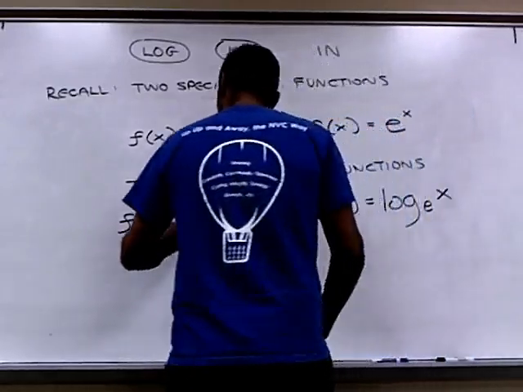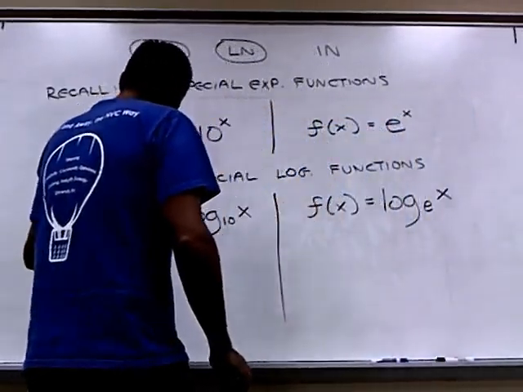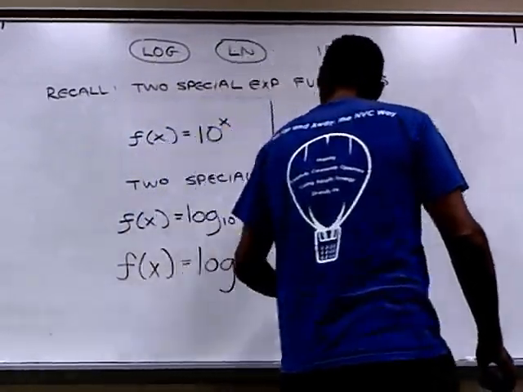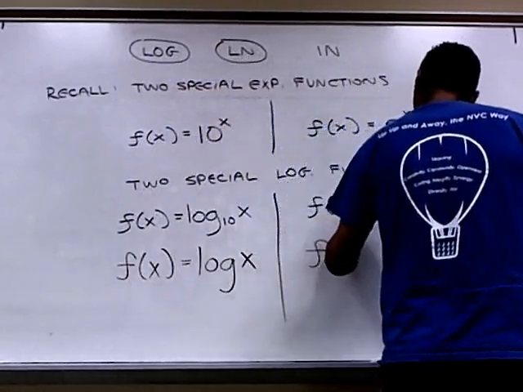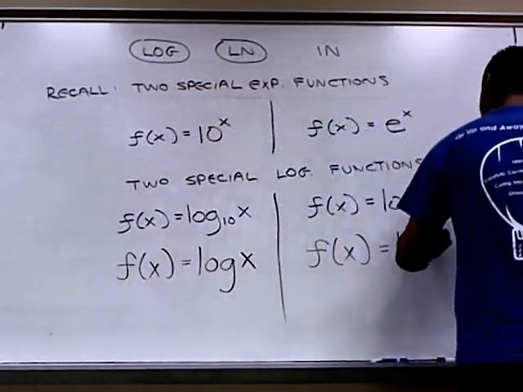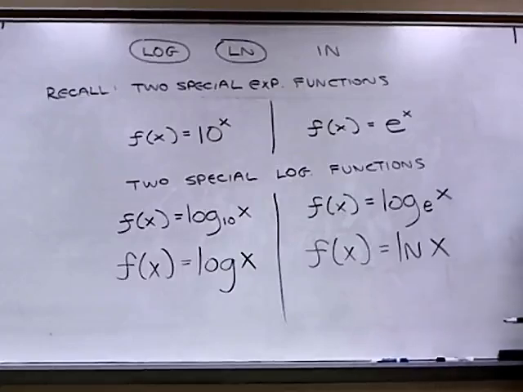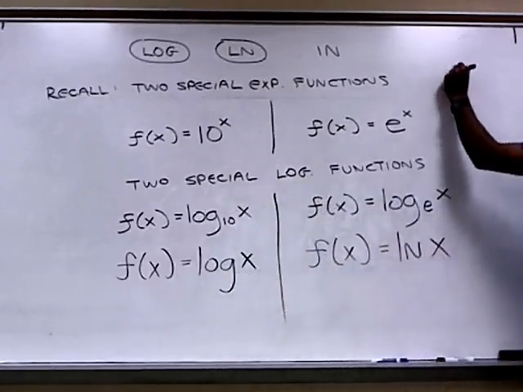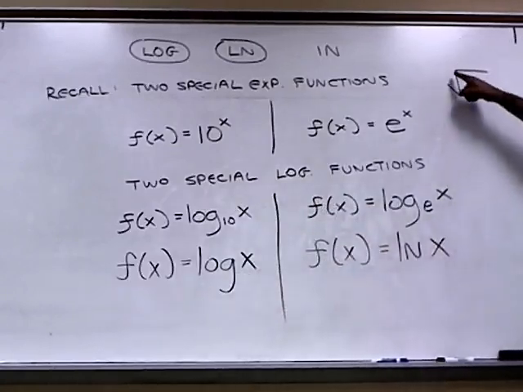Okay, so the notation we use for this is log x, and the notation we use for this is ln x. Please understand, this means this. This means this. It's kind of like the square root of x. What's the number sitting out here?